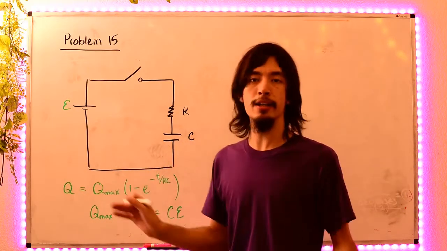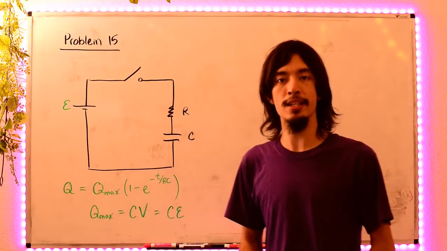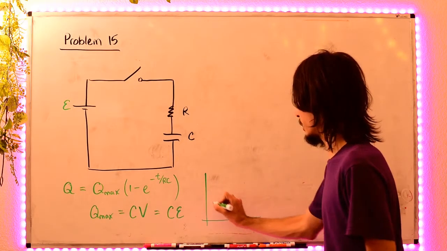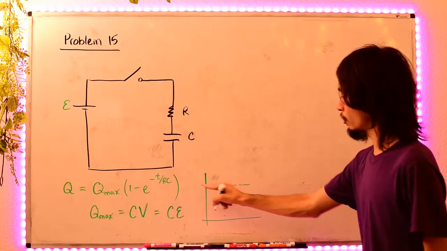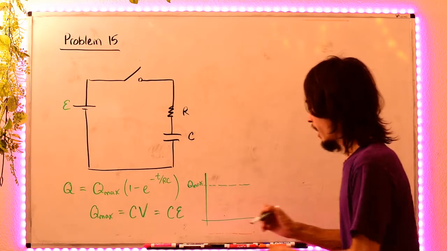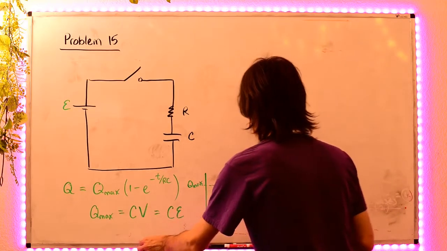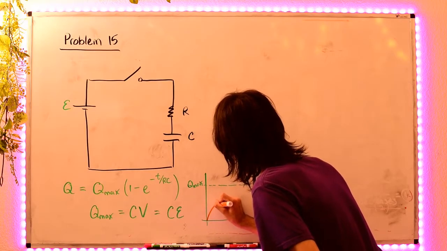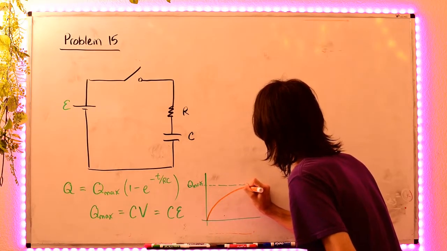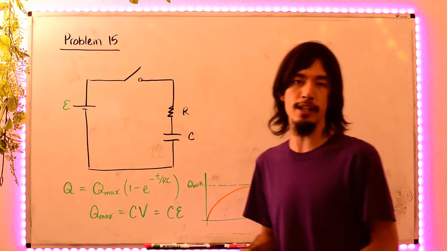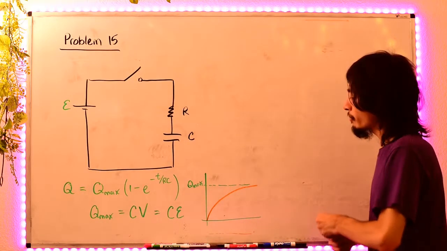I just want to remind you that the manner in which it charges is based on an exponential function. And the graph that goes with it has an asymptote that it peaks out at, which is Q max. The curve starts out steep initially, and it grows and grows and approaches the asymptote, but never theoretically touches it. It practically touches it.